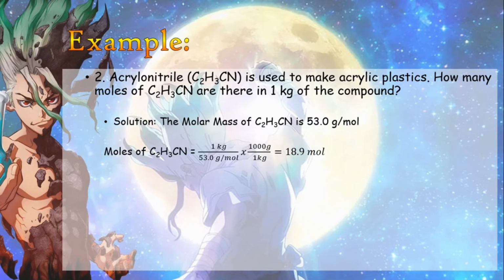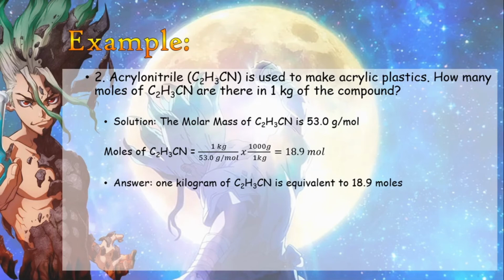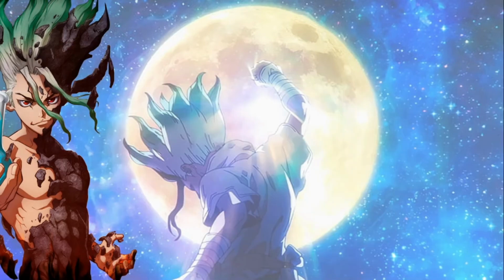So moles of acrylonitrile is equal to 1 kilogram per 53.0 grams per mole multiplied by 1000 grams per 1 kilogram. Then you will get the answer 18.9 moles. Answer: 1 kilogram of acrylonitrile is equivalent to 18.9 moles.